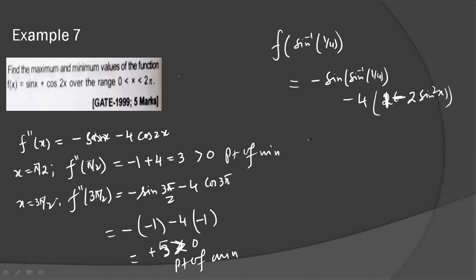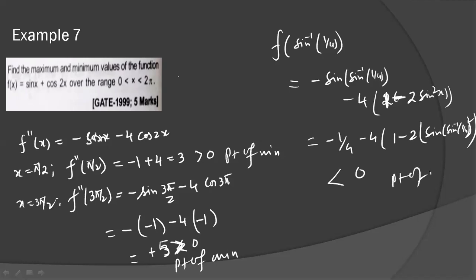Now you put it: minus 1 by 4 minus 4 times 1 minus 2 sine x whole square, with sine inverse 1 by 4 whole square. So you can check it is negative. So it is a point of maxima. And similarly, you can check the double derivative at pi minus sine inverse 1 by 4.